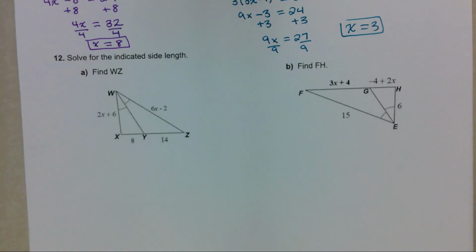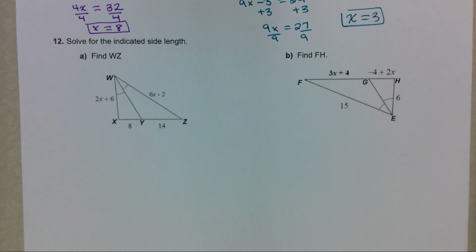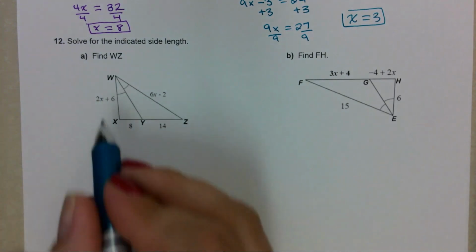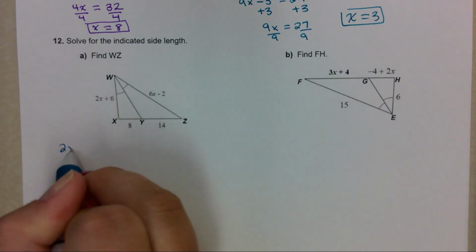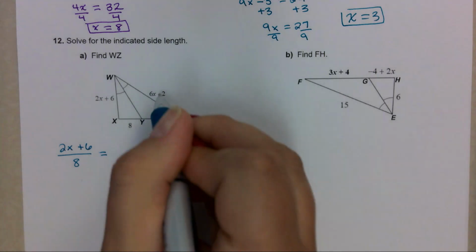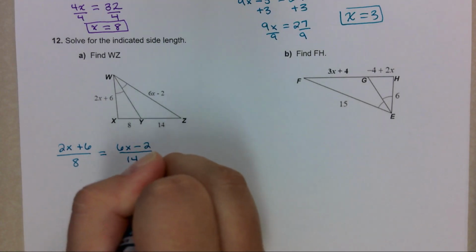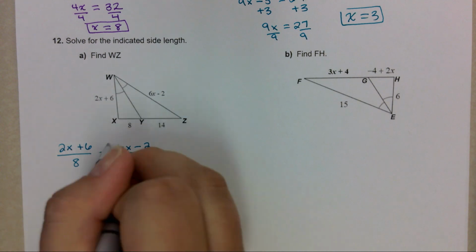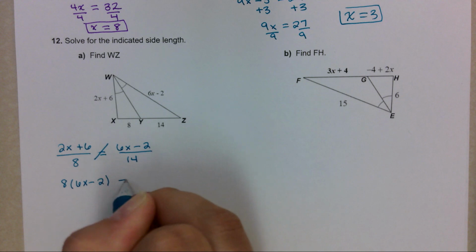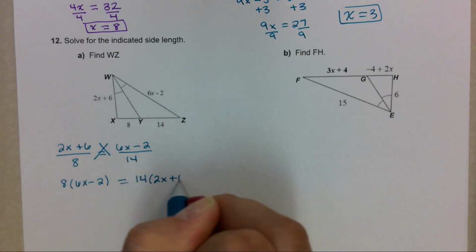Last two, we want to find a side length, so we've got to start by solving for x. So I'm going to set up the proportion here. 2x plus 6 over 8 equals 6x minus 2 over 14. Cross multiply, I get 8 times 6x minus 2 equals 14 times 2x plus 6.